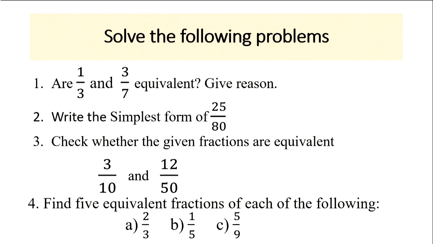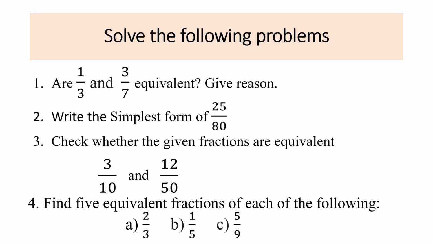The next question: check whether the given fractions are equivalent: 3 by 10 and 12 by 50. The fourth question: find 5 equivalent fractions of each of the following: 2 by 3, 1 by 5 and 5 by 9. So, these are the questions for the home assignment.